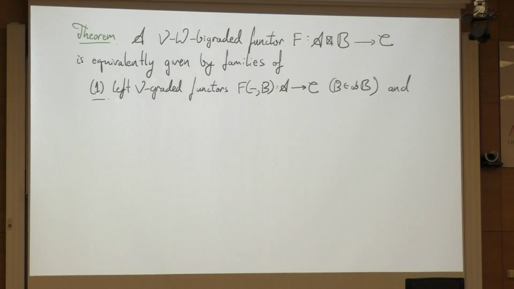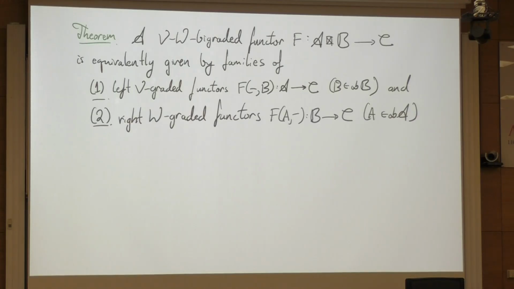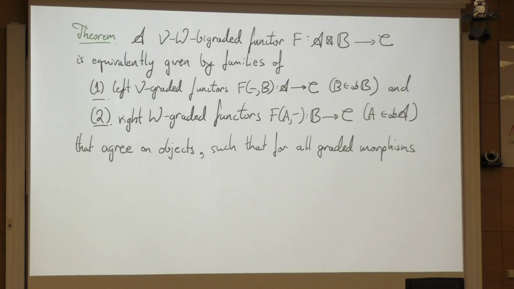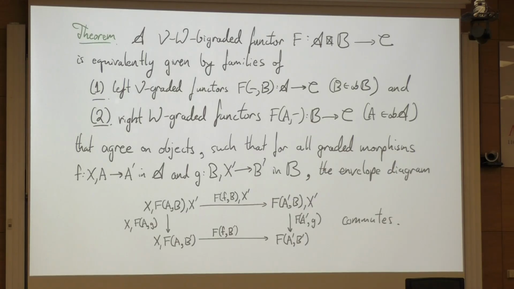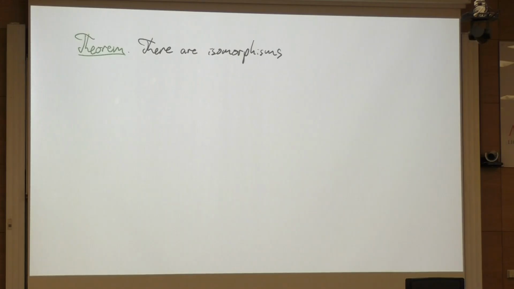Such a bifunctor is equivalently given by families of V-graded functors on the one hand of this form, and right W-graded functors of this form that agree on objects, so analogous to the usual characterization of bifunctors, and that must satisfy the following axiom, that for all graded morphisms F in A and G in B, the following envelope diagram commutes.